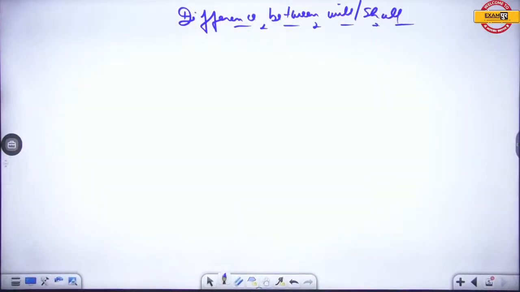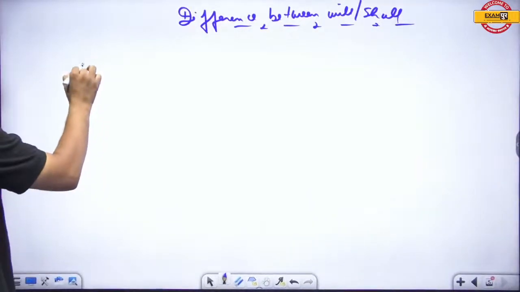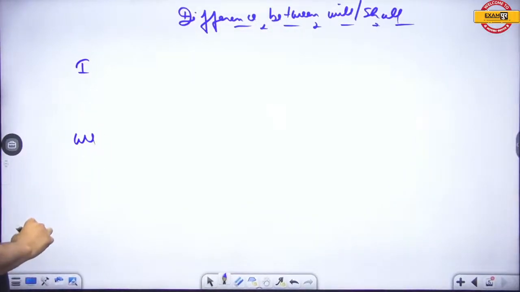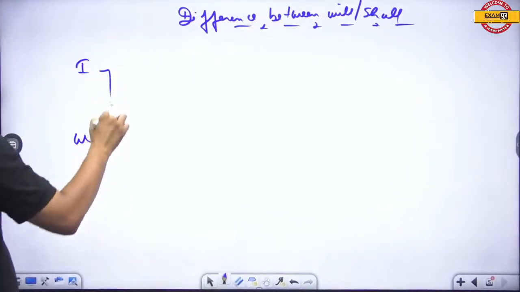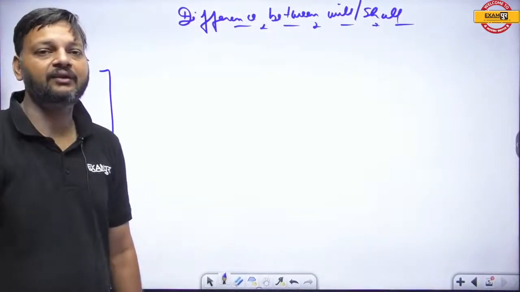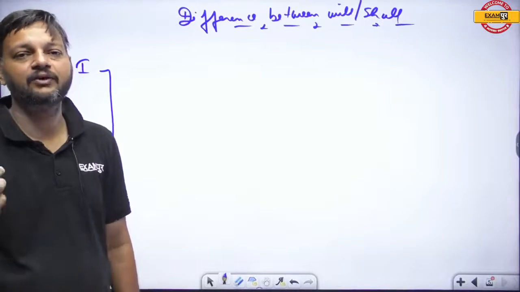So whenever I ask my students, tell me the difference between will and shall, they say with the first person pronoun, I or we, use shall, and with other subjects like third person subject, he, she, it, we use will.